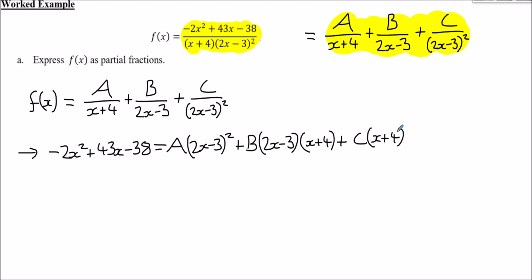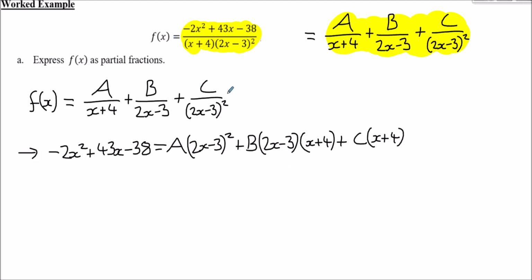Now again, we just tactically think about what values of x we can pick, such that some of these factors will vanish, so we can just focus on working out one of these letters, a, b, or c. By the way, of course, we were told that x can't equal negative 4. That doesn't stop us from picking x equals negative 4, because all we're doing here is comparing coefficients.